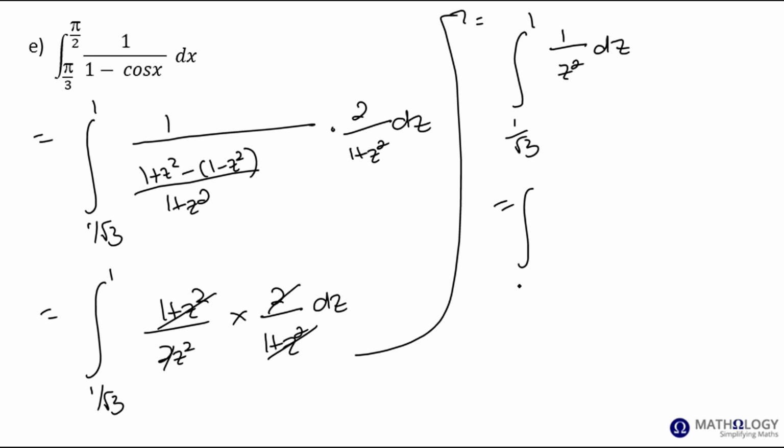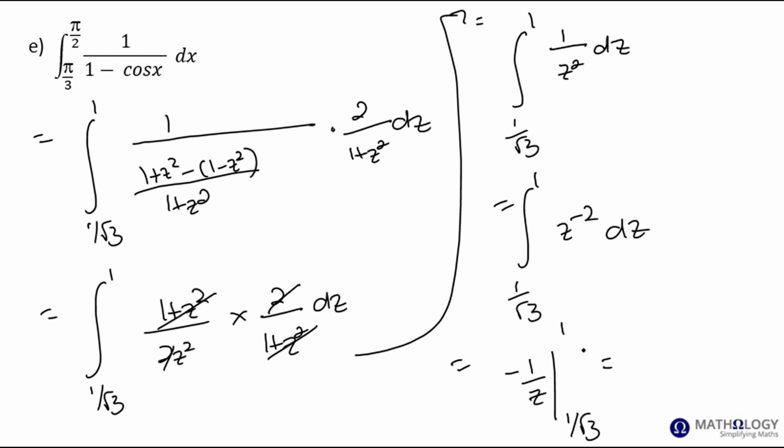So it's the integral from 1 over root 3 to 1 of z to the minus 2 dz. When we integrate that, we will have negative z to the minus 1, which is minus 1 over z, and that is from 1 over root 3 to 1.